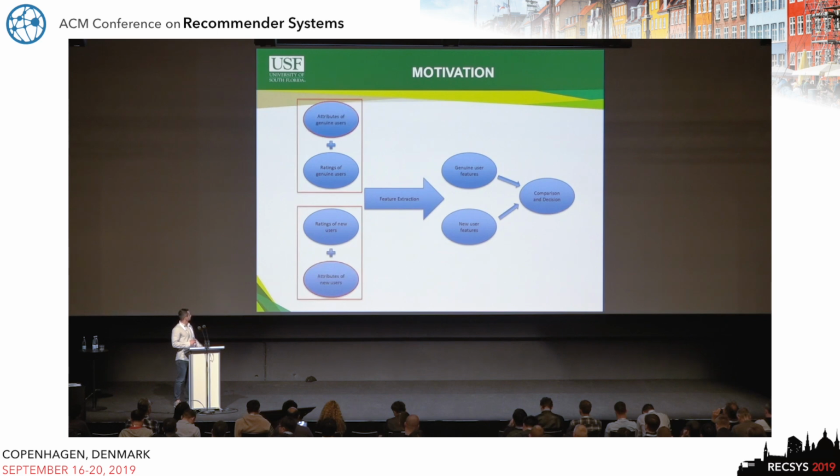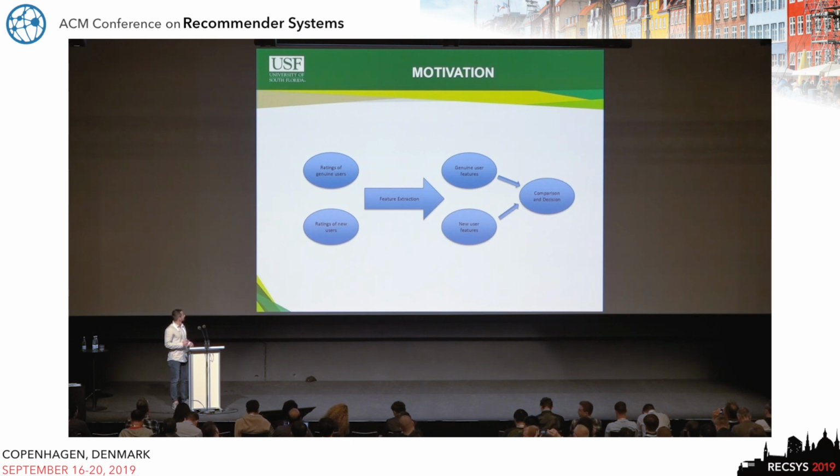We have ratings of genuine users registered in the system, and we employ a feature extraction model to find some features that are useful for attack detection. So that is the offline phase. In the online phase, for the new test users, we also use their ratings and use the same feature extraction model, and we compare features to make a decision.